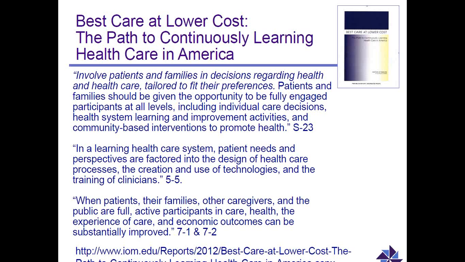And they felt, and here you'll hear the echo of the triple aim, when patients, their families, other caregivers, and the public are full, active participants in care, health, the experience of care, and economic outcomes can be substantially improved.